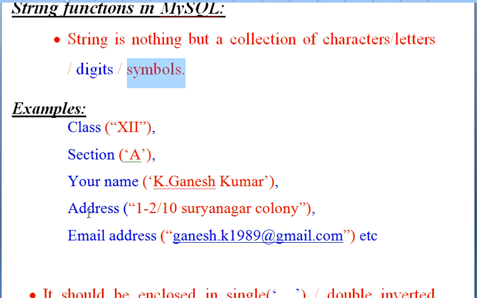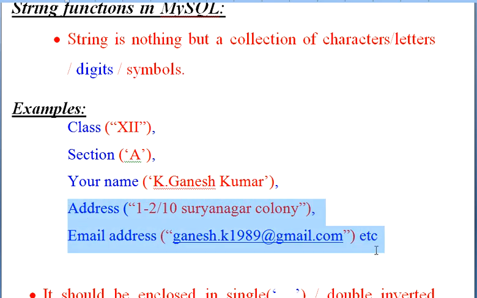The best examples will be your address and your email address. In your address you can have your flat number or door number, your street name, colony name, state, etc. The same way, in your email address you will give your name, and you can include your date of birth or phone number by separating them with a special symbol. Here I have used a small email address like ganesh.k1989.